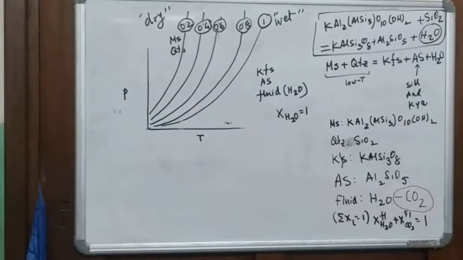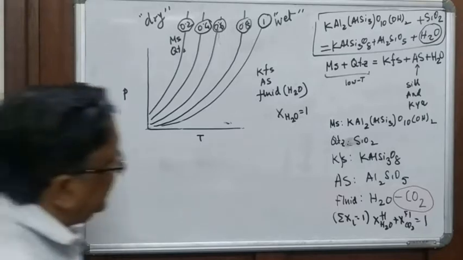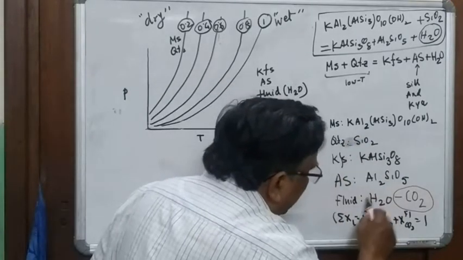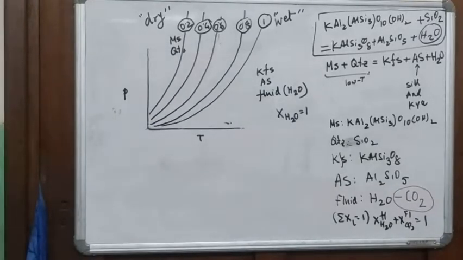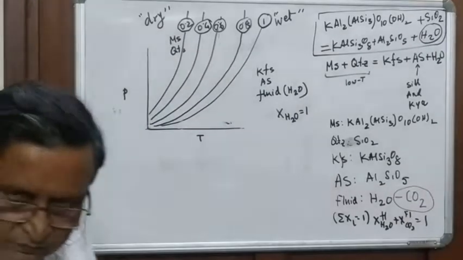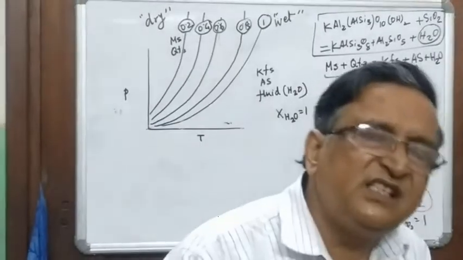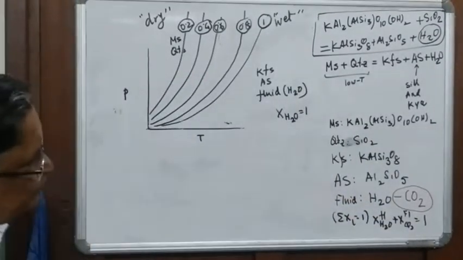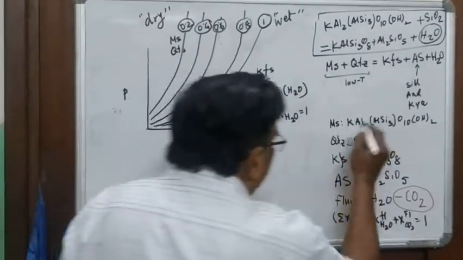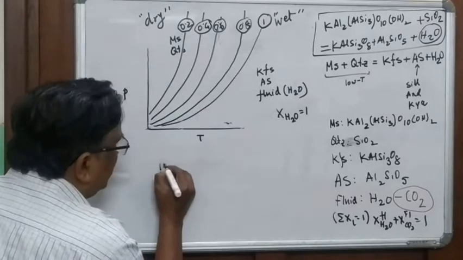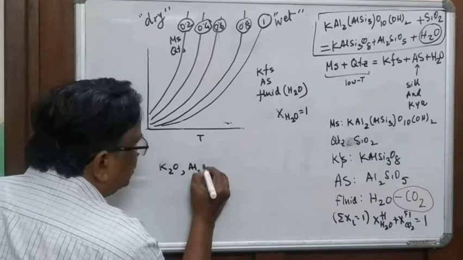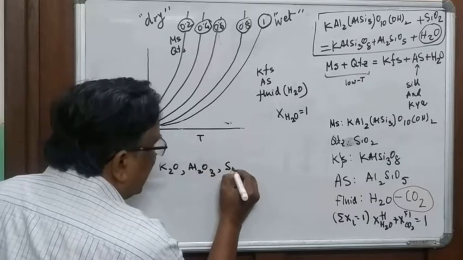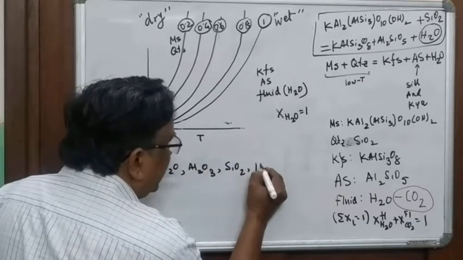Right? So now, if these are the formulae, excluding CO2 again, what are my system components? What are my system components? You can see here, my system components are K2O, Al2O3, SiO2, H2O.